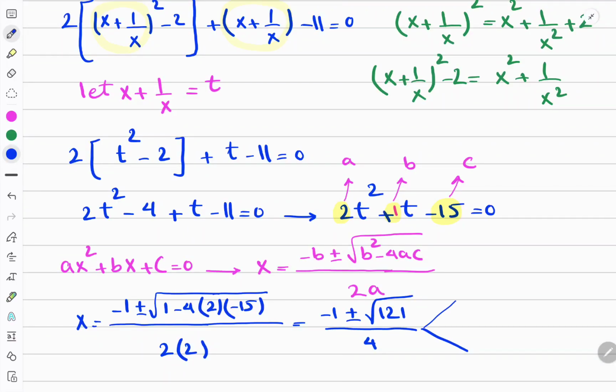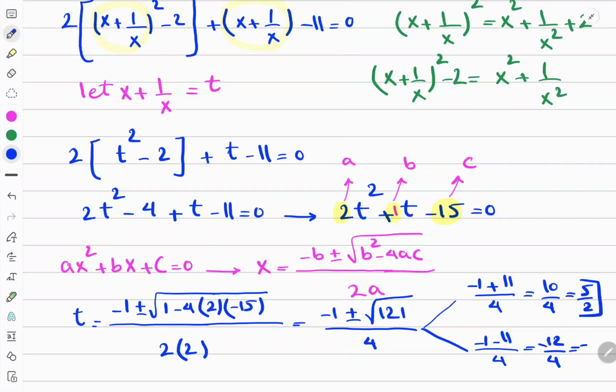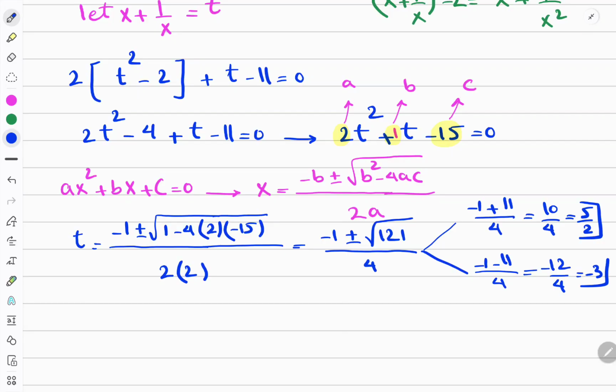So we have two answers for t. The square root of 121 is 11. So the first answer is 5/2, and the second one, negative 12 over 4, which is negative 3.